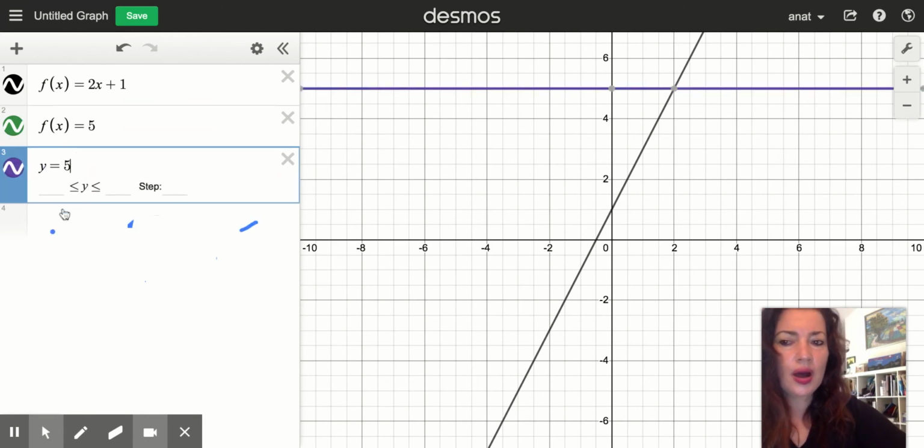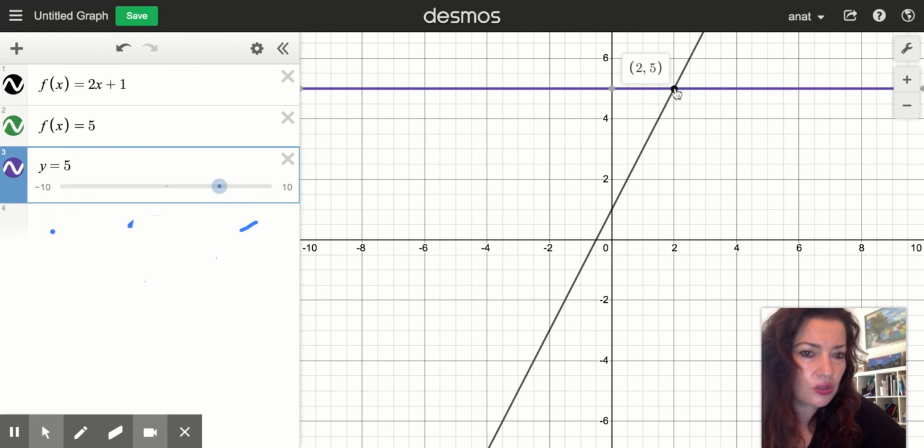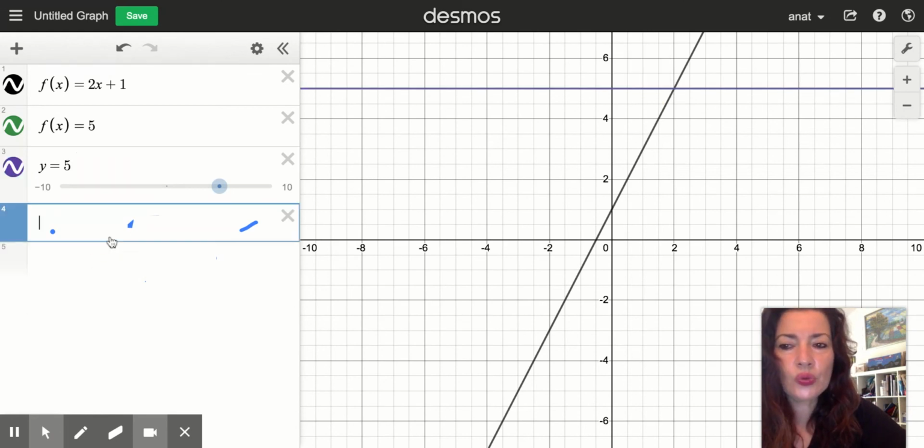Well, where is y equal to 5? You can see y equals 5 is this horizontal line. And what it means is where the line y equals 5 intersects our other line, 2x plus 1. So our point is (2, 5). That means we were actually going to write this as an equation.